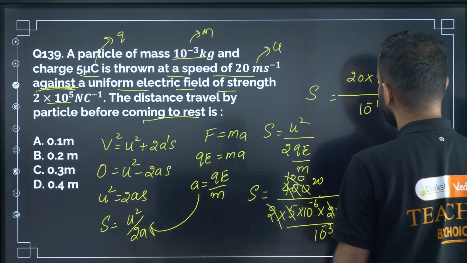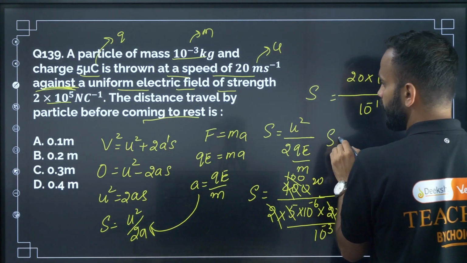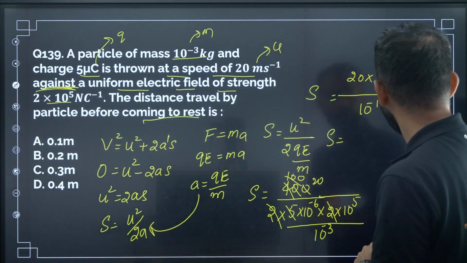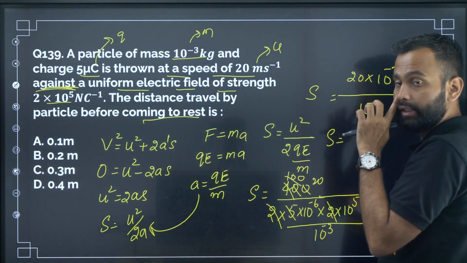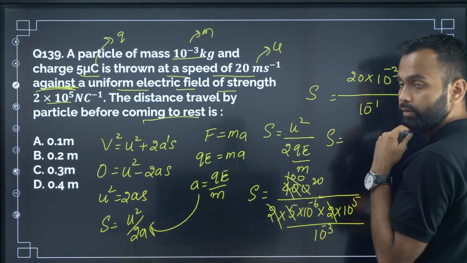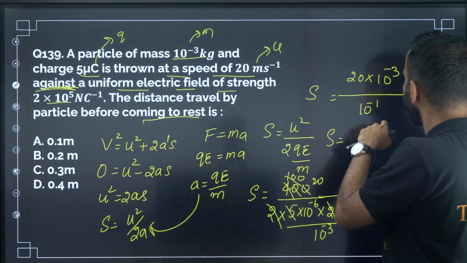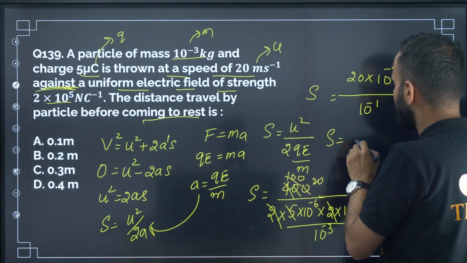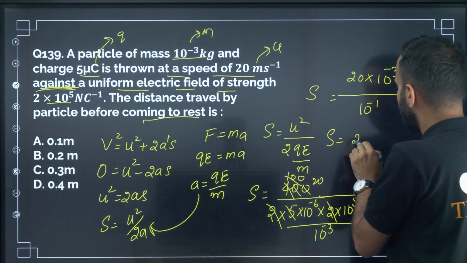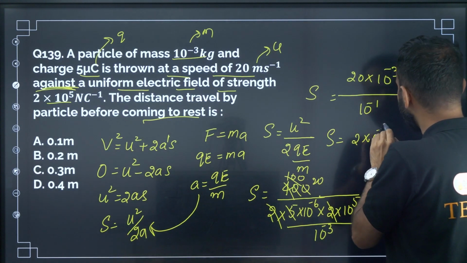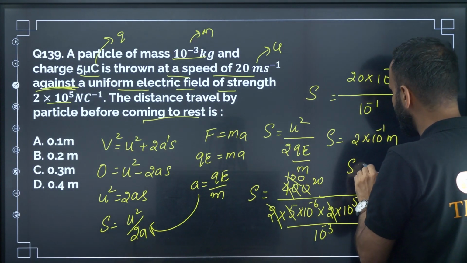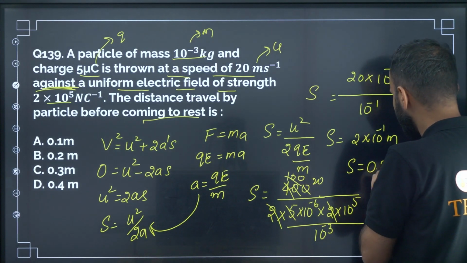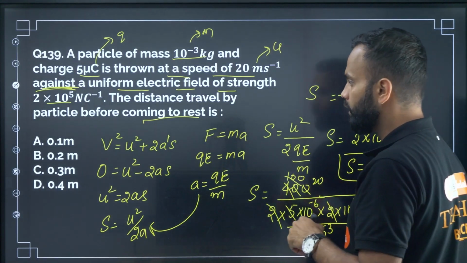This is S. So S equals 20 into 10 to the power minus 3, which is 2 into 10 to the power minus 2, divided by 10 to the power minus 1, that is 2 into 10 to the power minus 1 meter. S equals 0.2 meter. So the correct option is B.